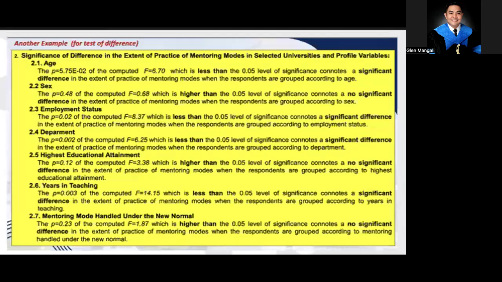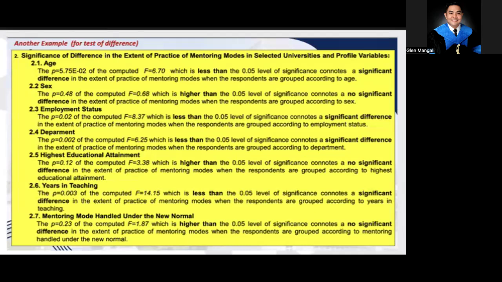Another way of presenting it is this way. Like a while ago, I have given you examples on the groupings. So significant difference in the extent of practice of monitoring modes in selected university in profile variables. So you'll notice that there are 7 subheadings that were included. These include the age, the sex, employment status, department, educational attainment, years in teaching, and mentoring mode handled under the new normal.